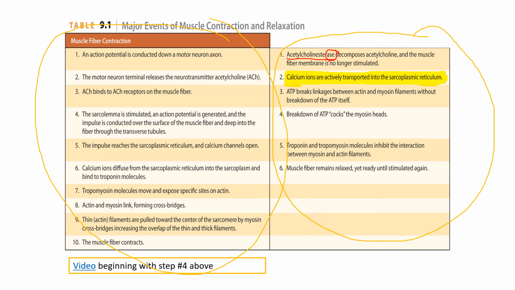So when you remove the calcium, when you pump it back into the SR, or sarcoplasmic reticulum, you then remove it from the troponin, and if the troponin doesn't have calcium connected to it, what's going to happen to the tropomyosin? It's going to move over the surface of those myosin binding sites, right, of the actin, and you're going to be blocking those myosin binding sites. So you can't have any interaction between the myosin and the actin. And if you can't have any interaction between the two, what's going to happen? Well, the muscle fiber is going to relax.